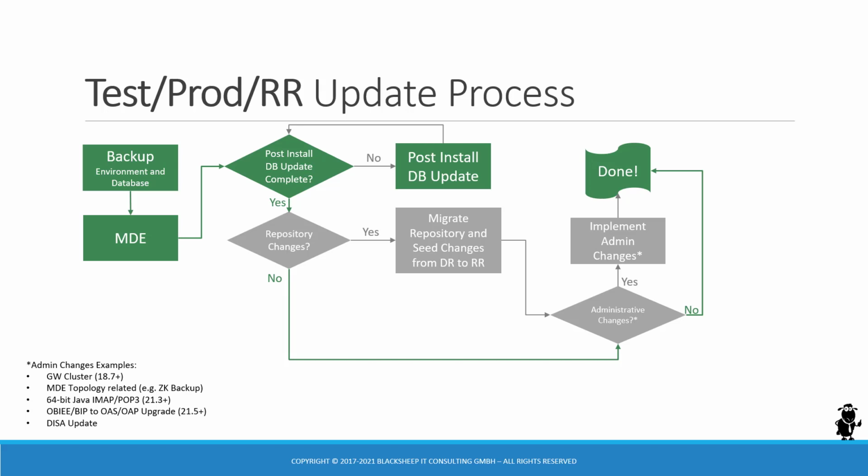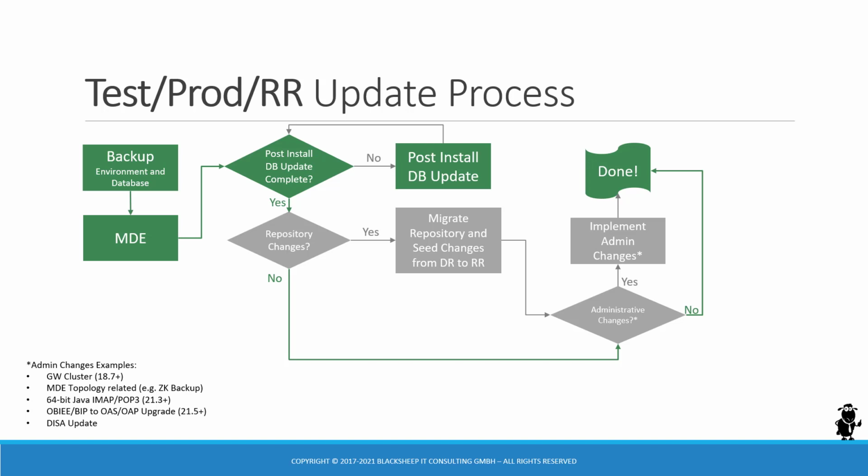The update of a test or production or runtime repository RR environment is similar as you take a backup, run MDE, run post-install database update, and if there's nothing else to do, you're done. But the something else to do could be if you have changes made to the repository, you need to run a full or incremental migration using the migration application to get the repository and the seed changes from the development to the RR.